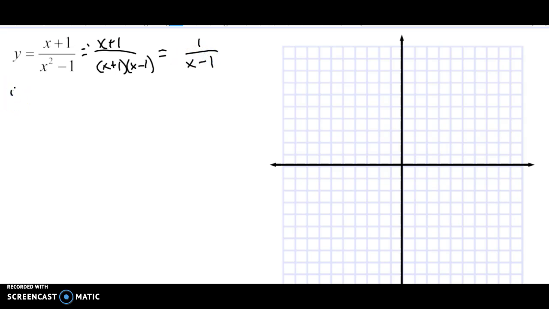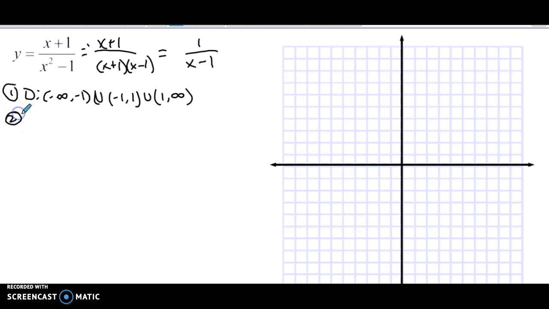So the first thing we're going to do is look at the domain. I'm looking at my domain from my original function. So my domain goes from negative infinity up to negative 1, union negative 1 to 1, union 1 to infinity.